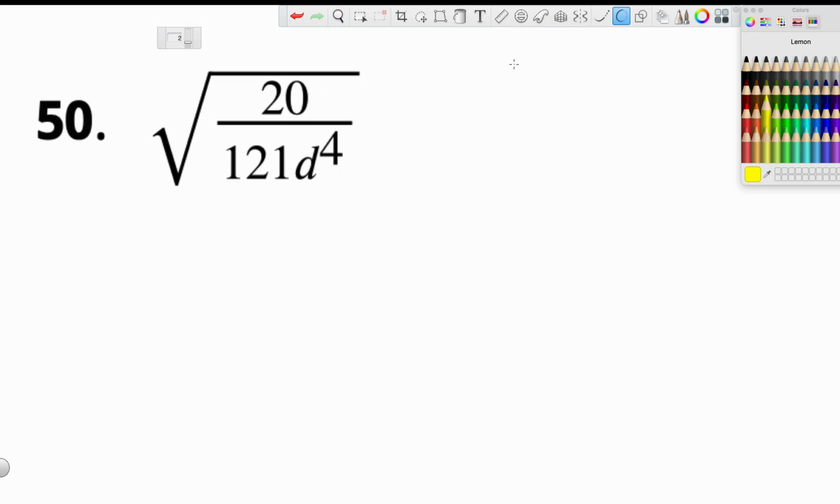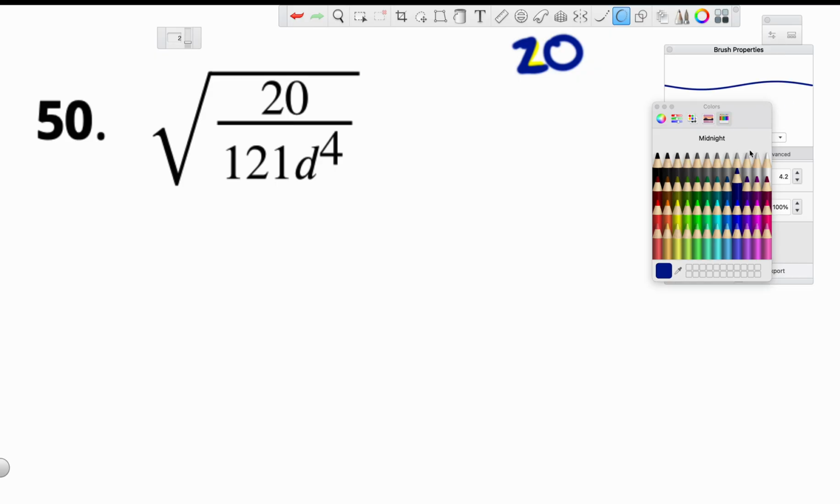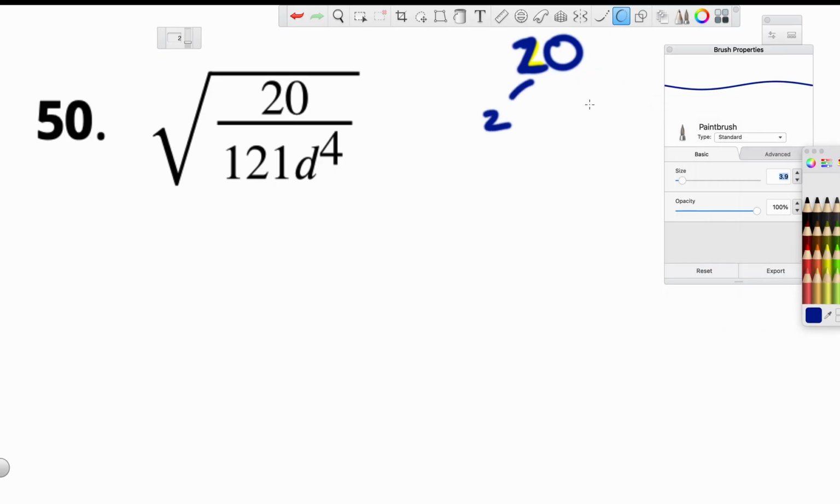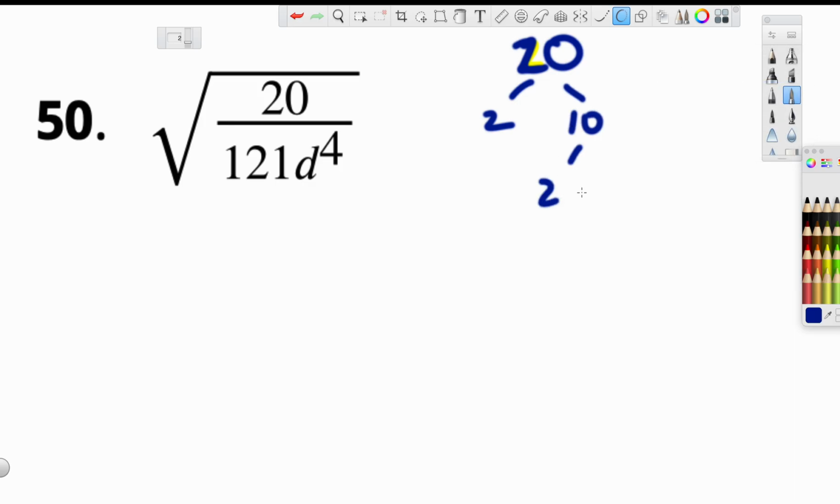Okay, square root of 20. I see some perfect squares in the denominator. 20 is 2 and 10. 2 and 5.